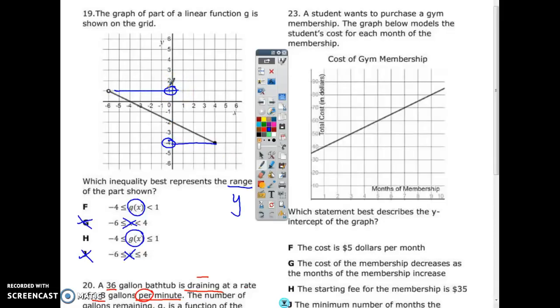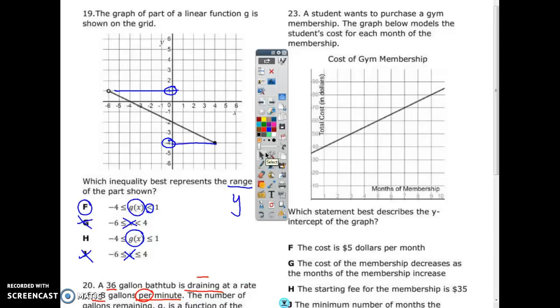Okay? So the answer is -4 all the way to 1. But this does not have a line underneath because it's an open circle. So the answer is F. Okay? They're not both closed circles. You have to remember that.